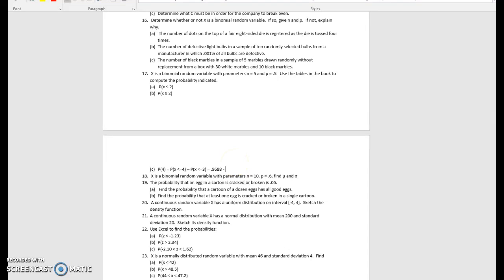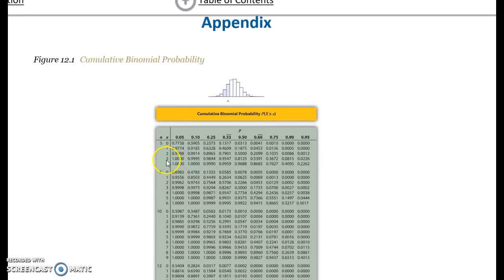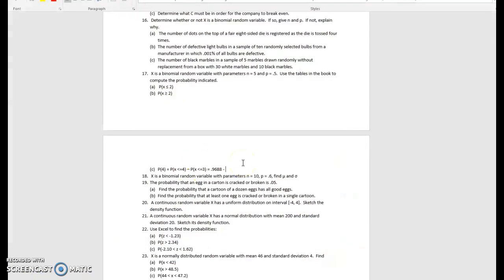And we want to subtract off the probability that x is less than or equal to 3. Again, let's go back to that table. So if we look at 3 in the same column, 0.8125. And then let's allow our calculator to do that computation. We get 0.1563.